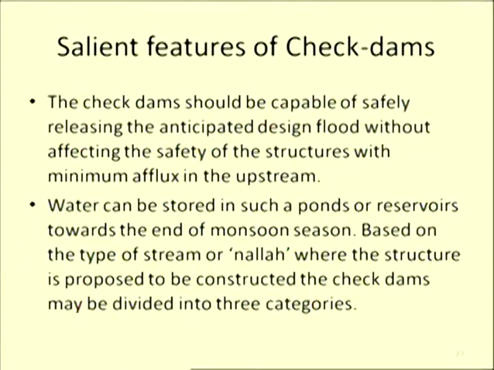Salient features of check dam. The check dam should be capable of safely releasing the anticipated design flood without affecting the safety of the structure, with minimum afflux in the upstream. I need to speak about that afflux created because of the creation of the dam. In case of dams, the submergence is because of the afflux created.